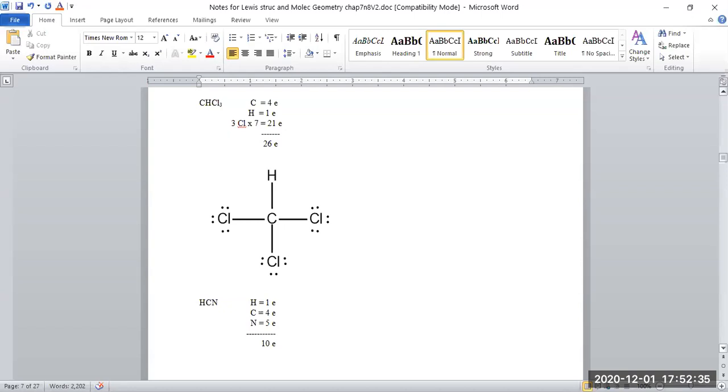So if I'm looking at, for instance, my left-hand chlorine, it's got 2 dots above it, 2 dots kind of on the outside edge, 2 dots below, and 1 line. So each of those chlorines has an octet.